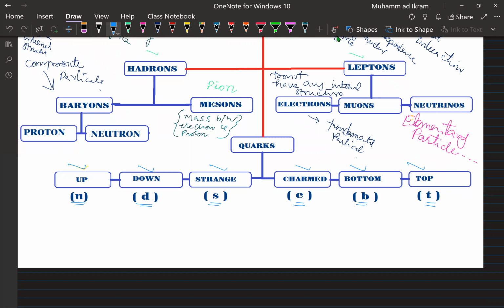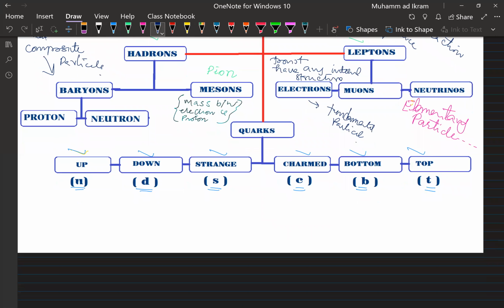Let me tell you about some of their properties. Just like for every other particle there is an anti-particle, for every quark there is an anti-quark also.